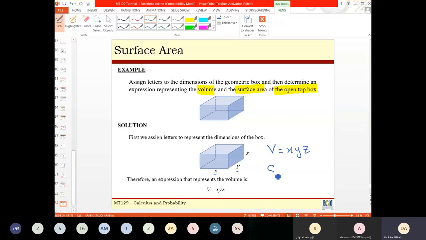Now, if I want the surface area, I'm talking about this side and the one opposite at the back. This side is XZ, right? It's XZ, and I have another XZ on the other side. Then I have this side. What is this side? It's YZ. And opposite it on the other side, there is another YZ.